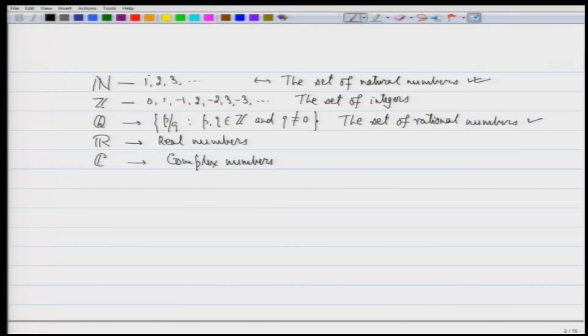So, if I look at these three sets, rational numbers, real numbers and the complex numbers, they have a very nice property that we can add two numbers, subtract two numbers, multiply two numbers and divide by a non-zero element.